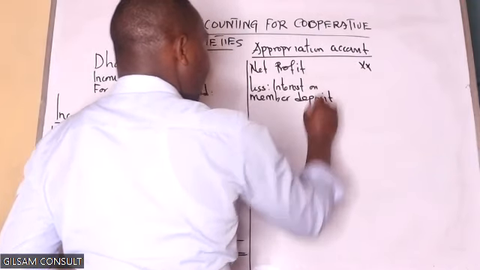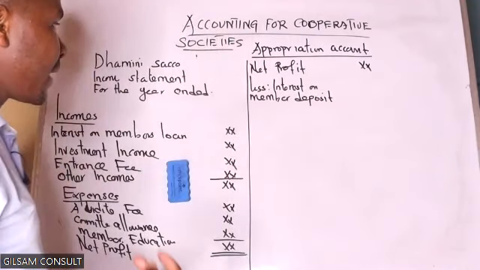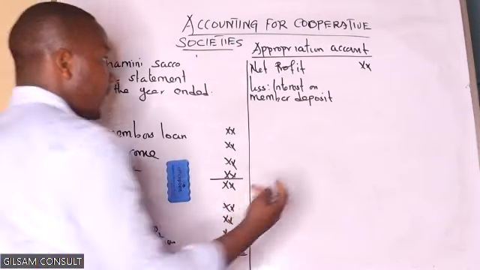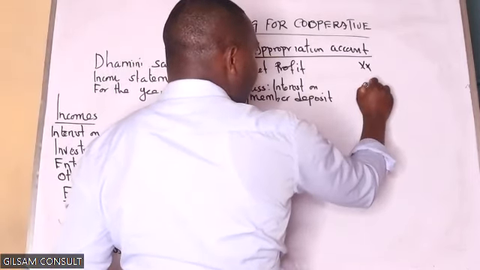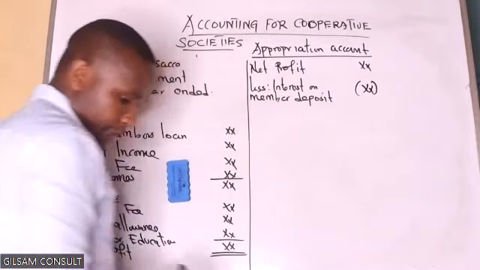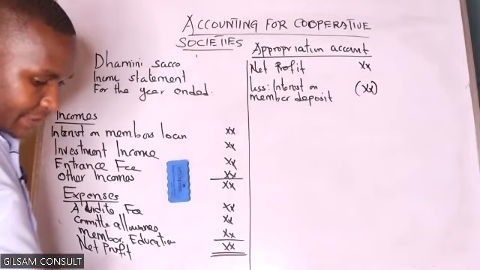If members deposit some amount and they earn interest, remember those interests are their incomes, not the cooperative income. So we less that one, and then we less again dividend paid to members.